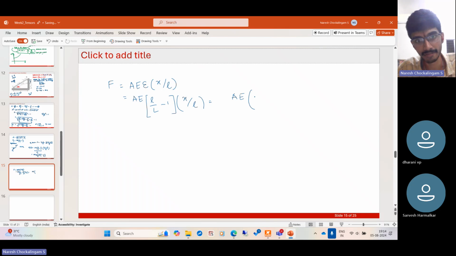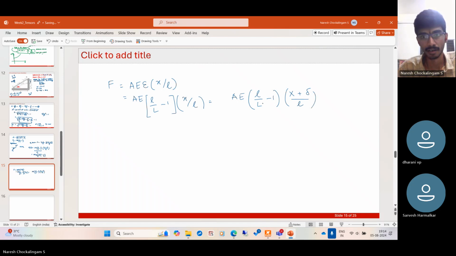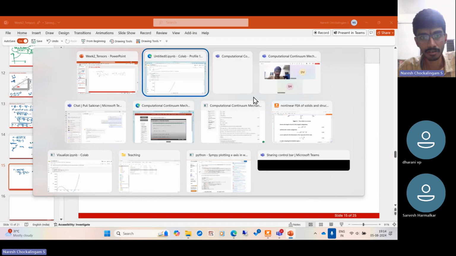Let's not simplify this any further. So let it be L by L minus 1. And this is x plus delta by small l. Yeah, let's just write it, because anyway we are computing L, we can just substitute in the code as it is.